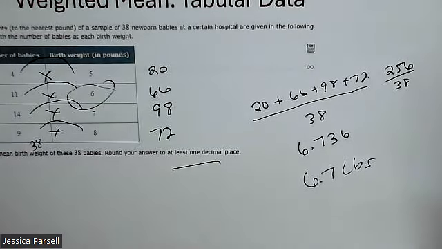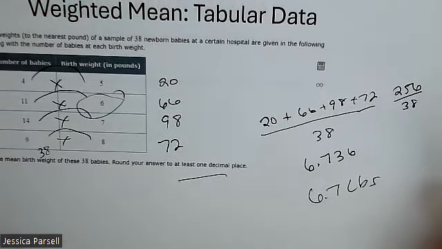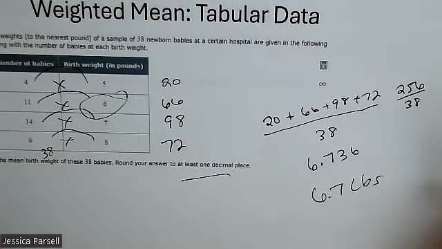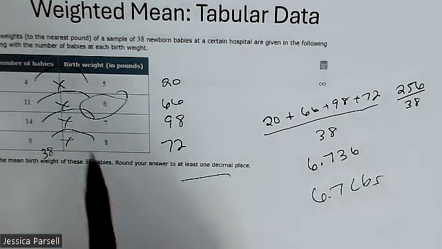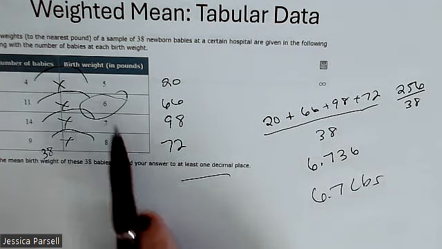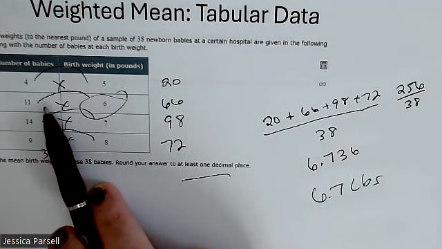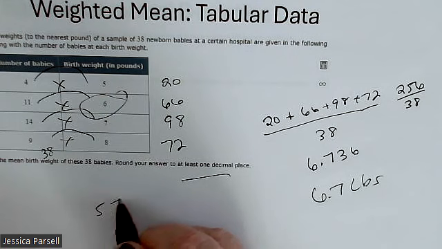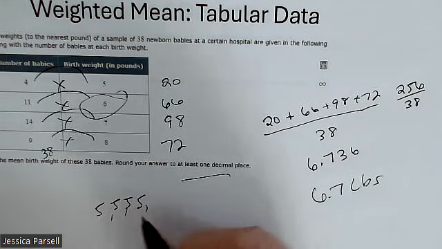Okay. All right, so hopefully that helps when you end up with weighted mean in a tabular form, like in a table. You don't necessarily have to do it this way. You could write out the number 5 4 times, right? You could do 5, 5, 5, 5 pounds.